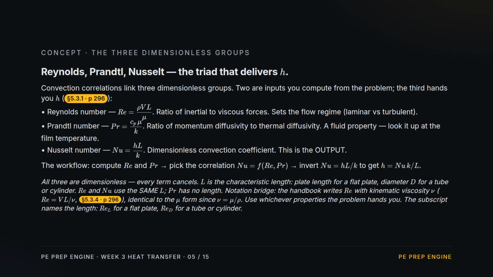Nusselt, HL over K, the dimensionless convection coefficient, the output. Workflow: compute Reynolds and Prandtl, pick the Nusselt correlation, invert to H equals Nusselt K over L. 2 notes: the handbook's Reynolds uses kinematic viscosity nu, just mu over density, so the forms are identical, and the subscript names the length, REL for a plate, RED for a tube.